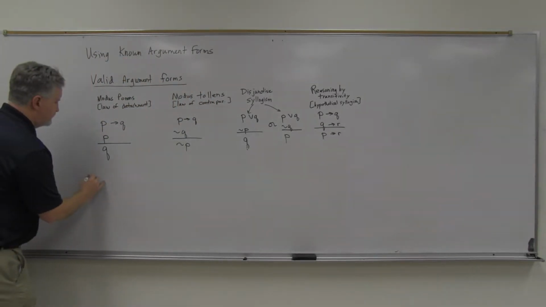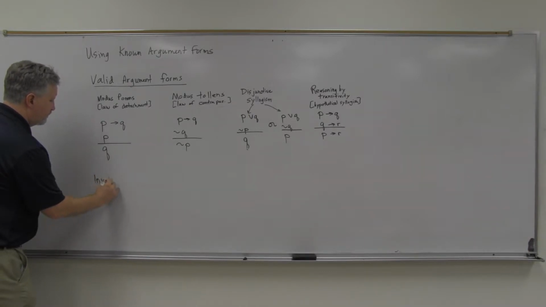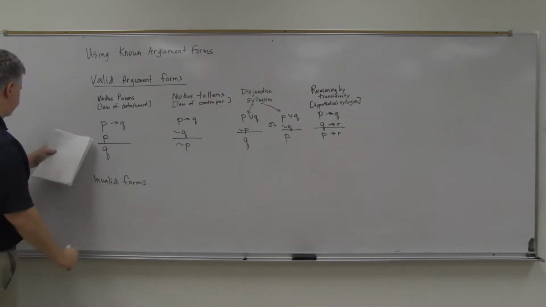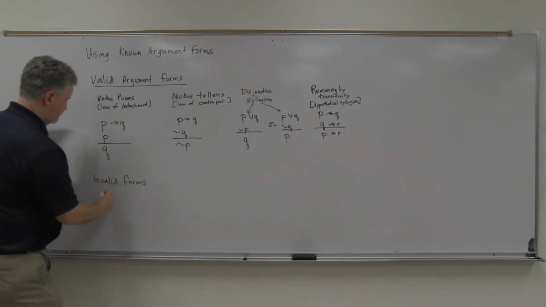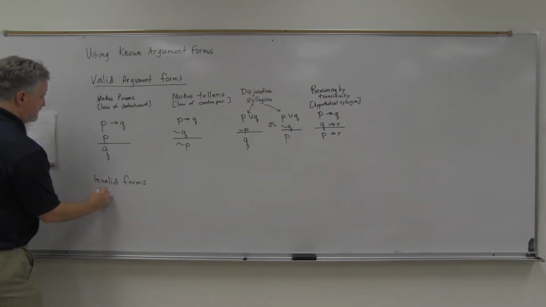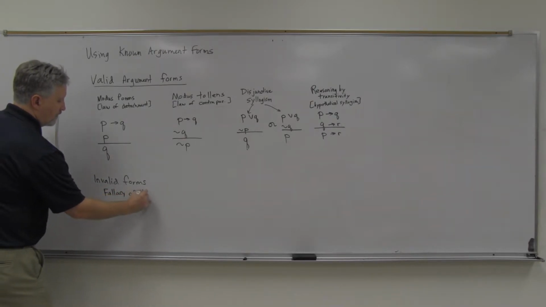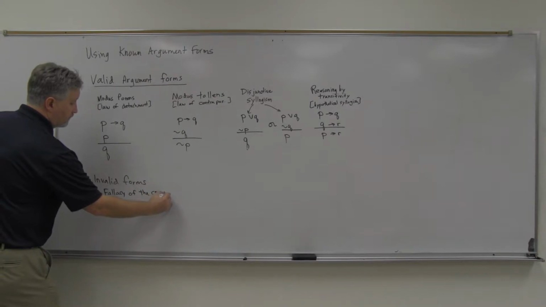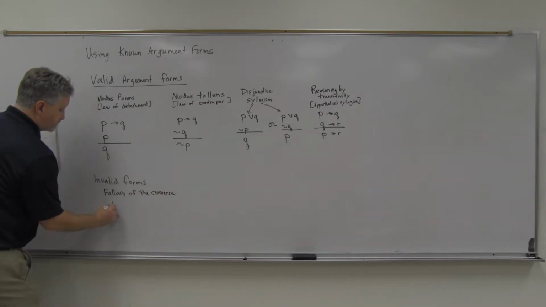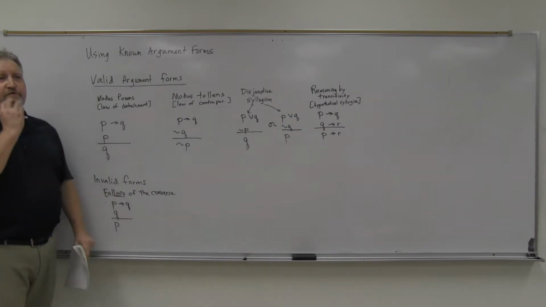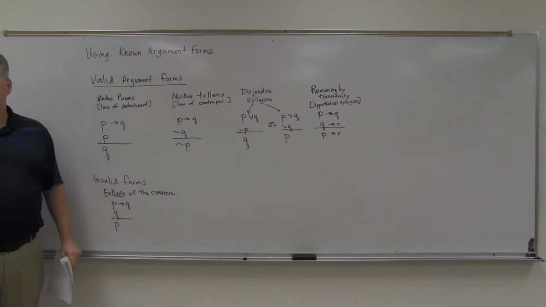All right, then we had two invalid forms. The first one is the fallacy of the converse. It's P arrow Q, Q, therefore P. The word fallacy is another word for invalid.